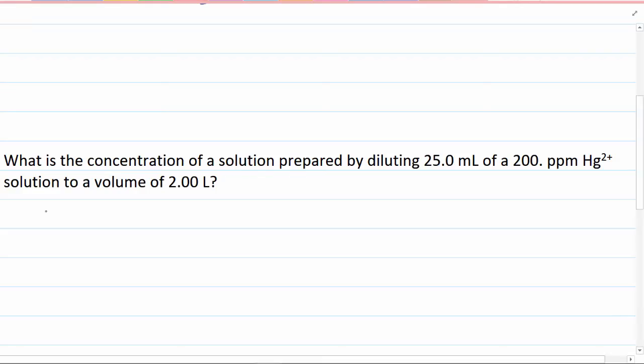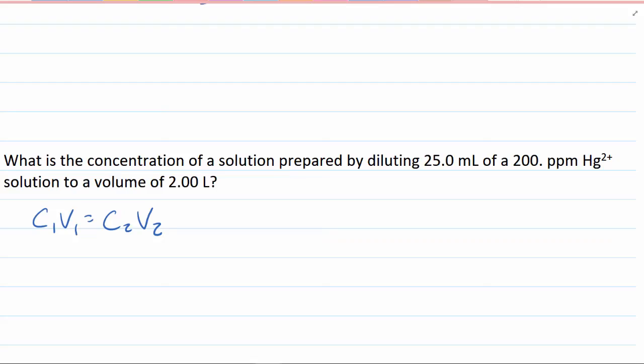So for this one, we'll use our dilution formula, C1V1 equals C2V2. What is it we're looking for in this problem? Concentration of the solution. All right, and are we looking for the concentration of the solution we're starting with, or the solution that we're ending with?